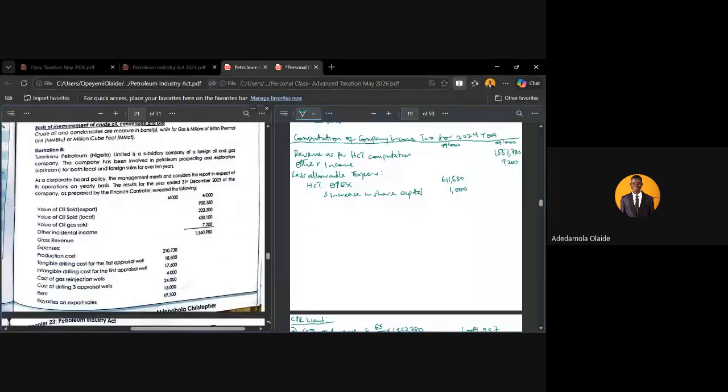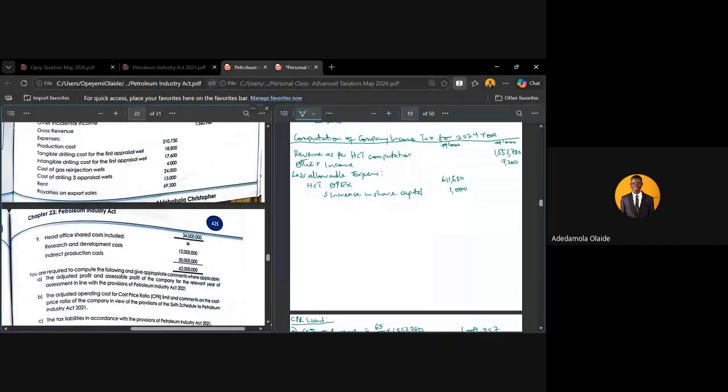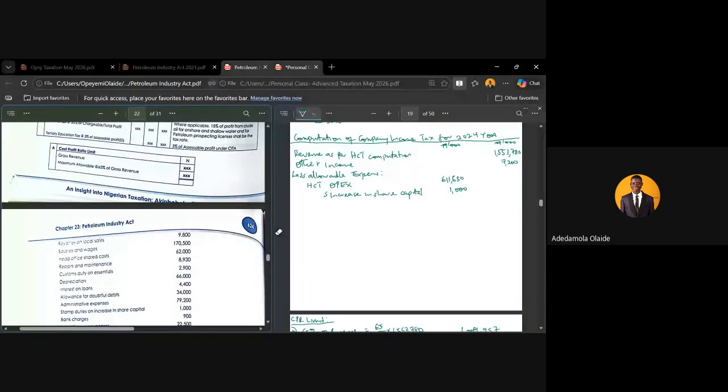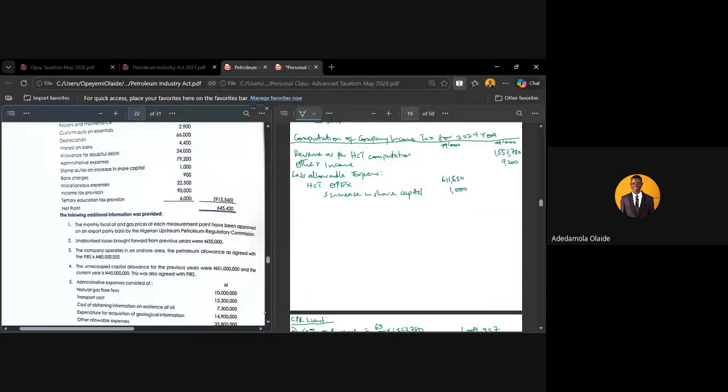Since that one has been sorted, we now look at, do we have any expenses here that we did not allow because it is hydrocarbon, but should be allowable under petroleum? All of these ones there have been treated. So that will be 612,630.